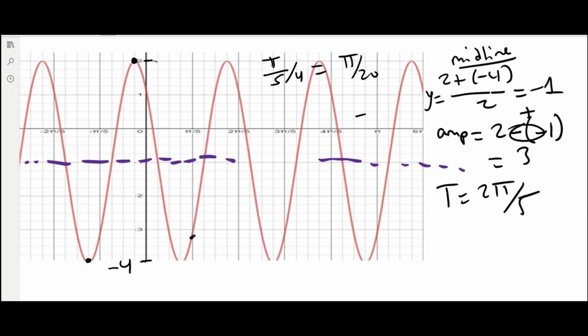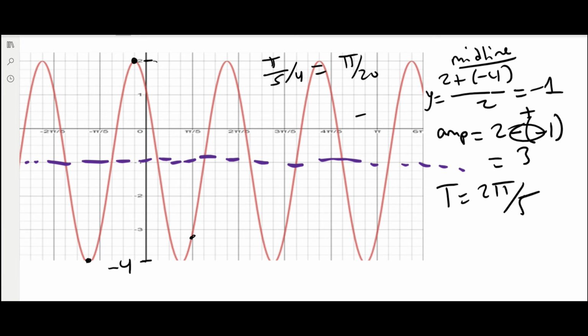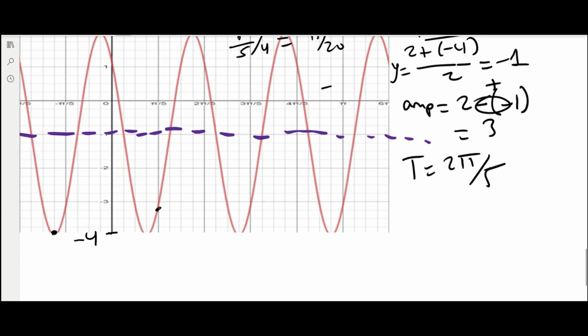Okay. So now we've got the period. The frequency is easy to find now, but we don't need it for this problem. We've got the amplitude, midline, and period. Since we know our period, we need to figure out what our B is.